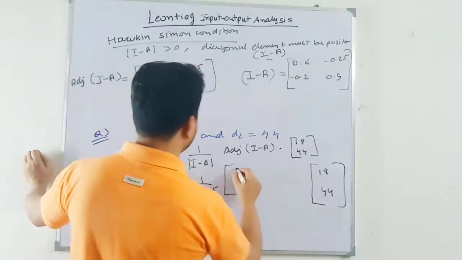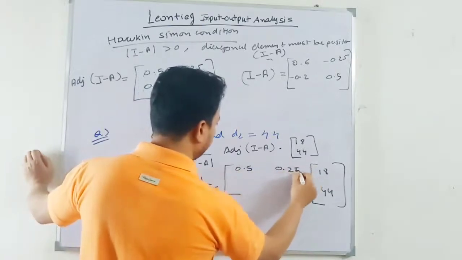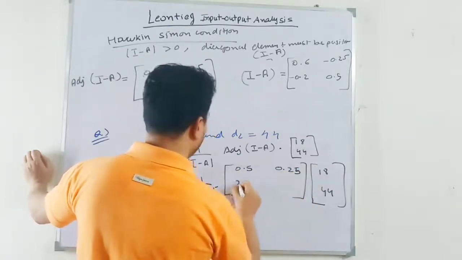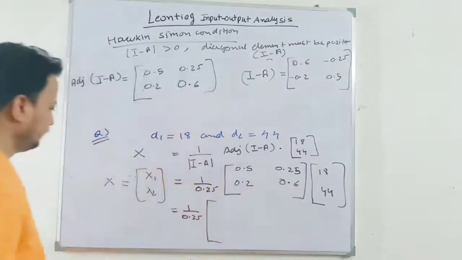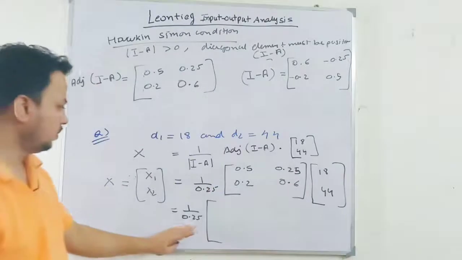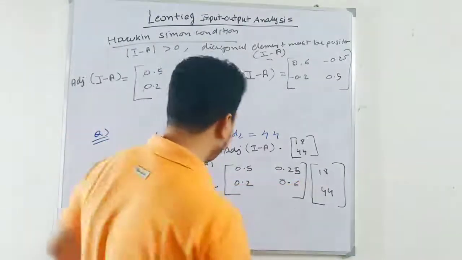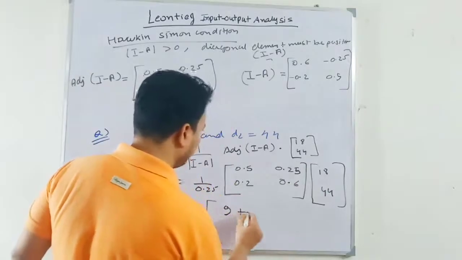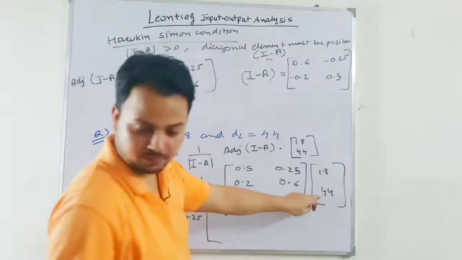So it will be 0.5, 0.25, 0.2, and 0.6. Okay. So 1 over 0.5. Multiplying this by this gives me 9 plus 2.5, this will be 11.